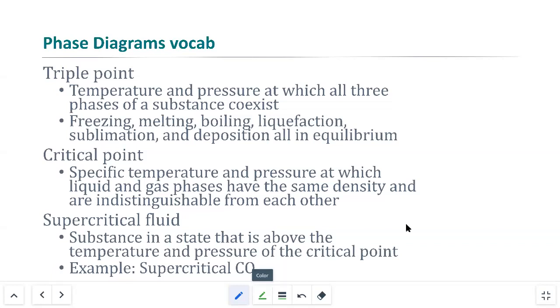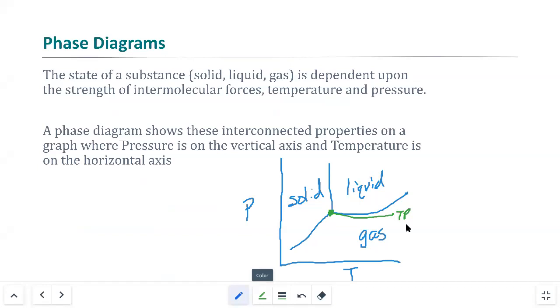The critical point is a very specific temperature and pressure condition where we could no longer tell liquid and gas apart from each other. So again, going back to this diagram here, this spot right there, that would be the critical point. At temperatures and pressures above that critical point, we no longer will see liquid and gas.